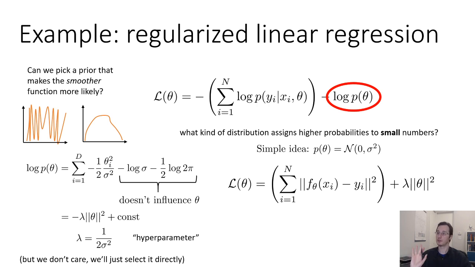But we know now that this corresponds to a Bayesian approach where we have a prior distribution on theta, and that prior is normal with mean 0, and a variance that can be deduced from the formula in the bottom left of the screen. But you don't actually have to do that. You don't have to deduce what sigma is. You can just pick lambda directly. And of course, this is the case if the variance for our prediction is identity. Okay, so this term is the only new thing we've added.